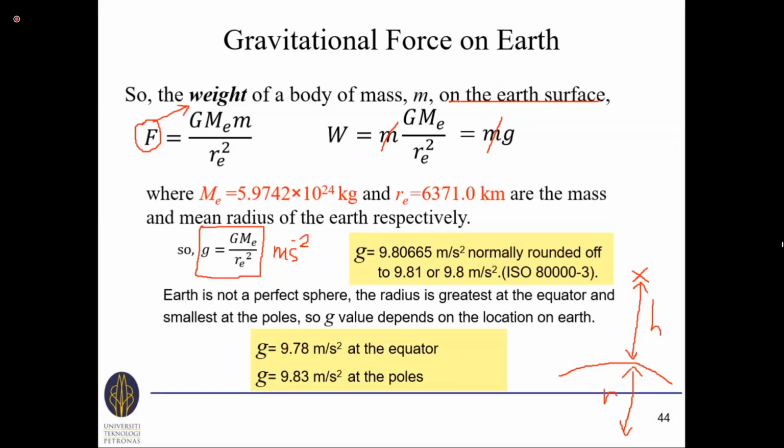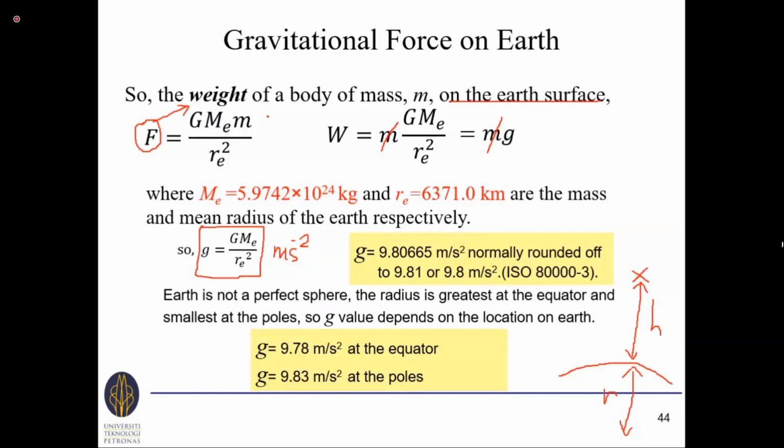If it is on the surface of the earth, like us ourselves, we are actually being pulled towards the core of the earth as well. So on the surface, we have F equals G M_E m over r squared. Like I said just now, it is between two bodies, M1 and M2.